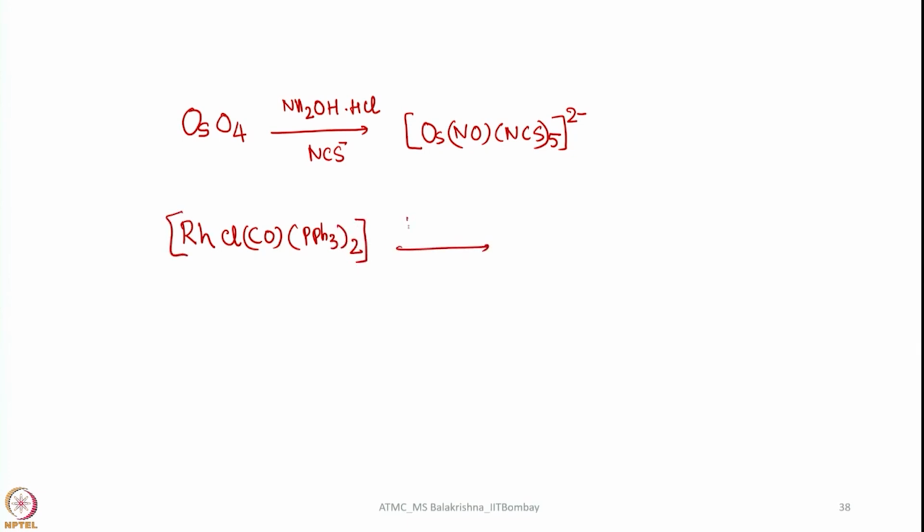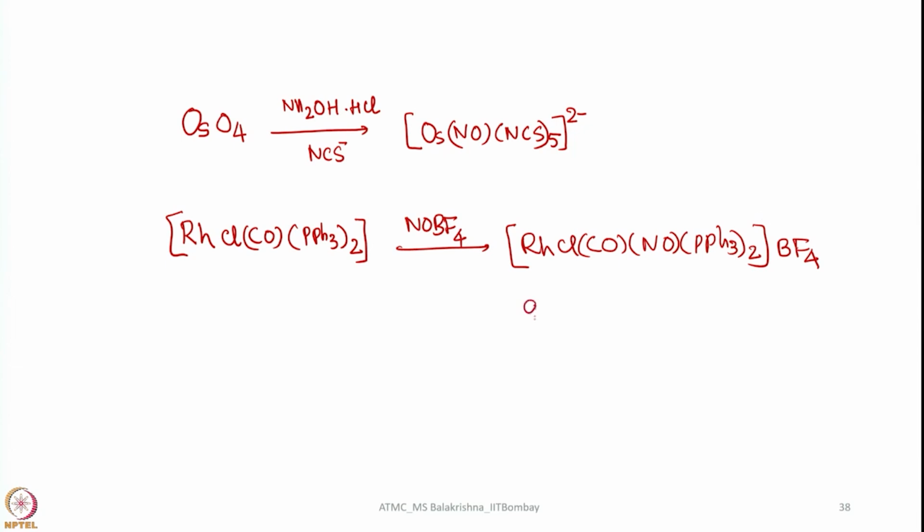When this is treated with NOBF4, okay. So, now let us count electrons here. So, this one let us go with the neutral method. So, this is now cationic. So, this is in +3 state.